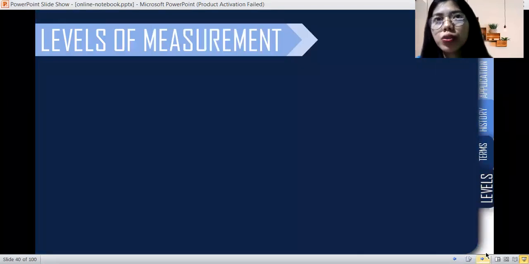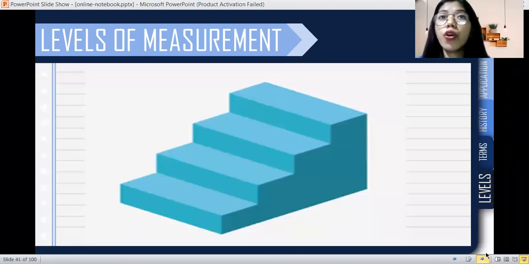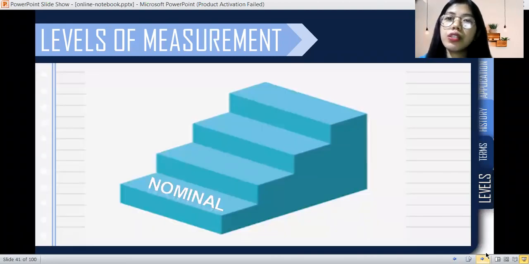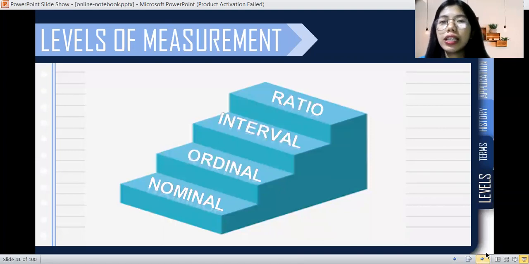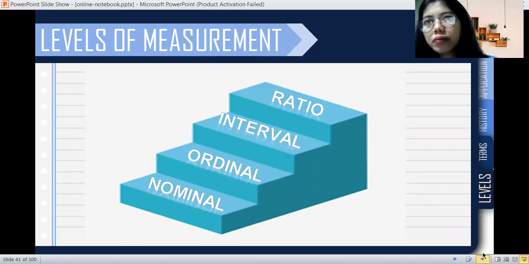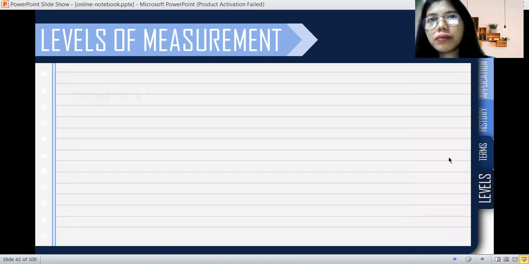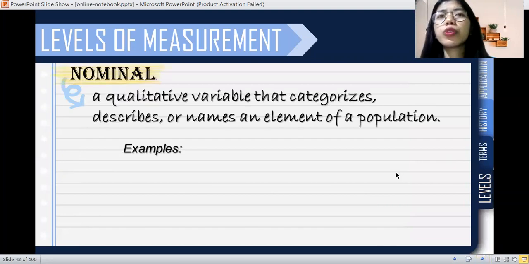Now, let's move naman to the levels of measurement. We have here 4 levels. We have the first, nominal, ordinal, interval, and ratio. When we are talking about nominal, it is a qualitative variable that categorizes, describes, or names an element of a population.